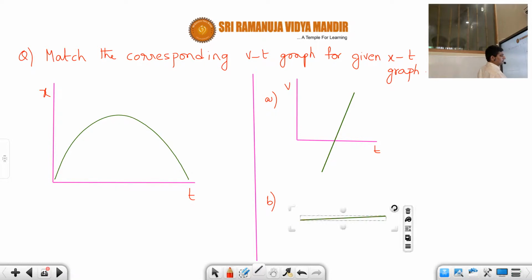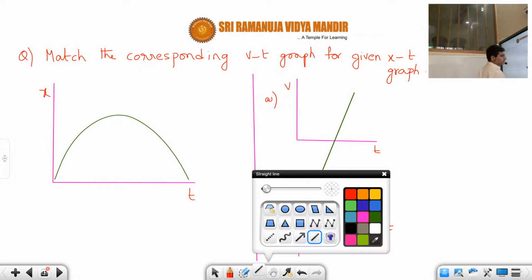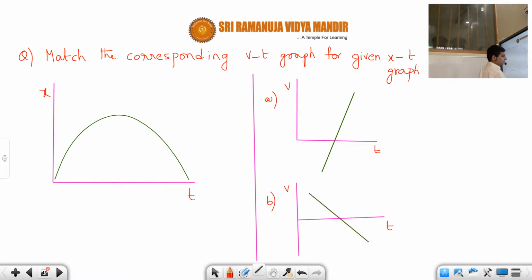This is the time axis and this is the velocity. So this is V and this is T. Okay, students. Now the shape of this VT graph is like this.